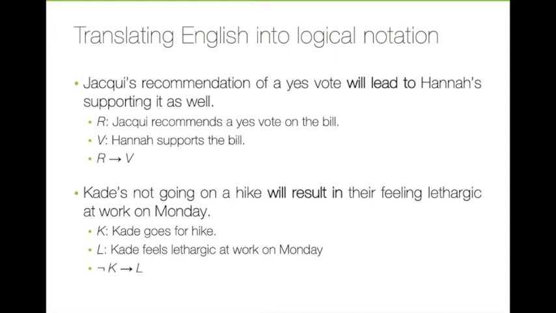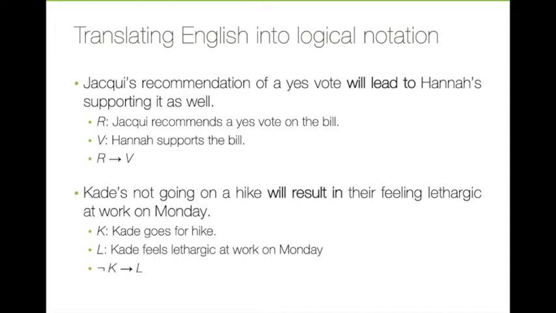So we've got one statement, R, Jackie recommends a yes vote on the bill, and V, Hannah supports the bill. This sentence means that if Jackie recommends a yes vote on a bill, then Hannah will support it. So we can symbolize that with R as our antecedent and V as our consequent.